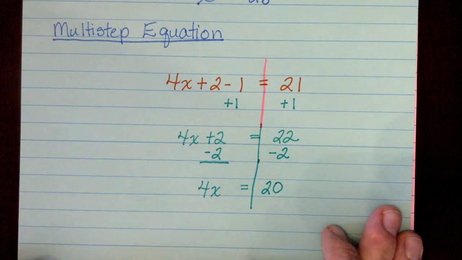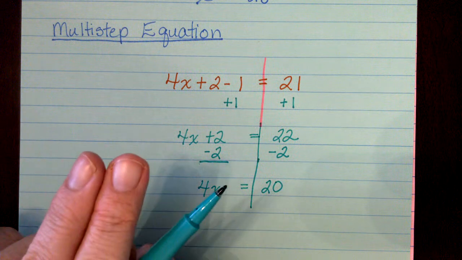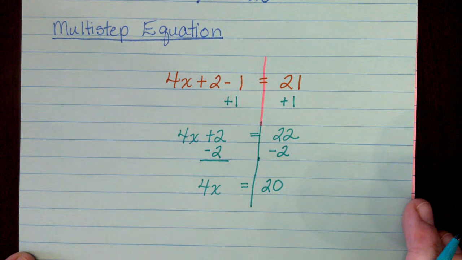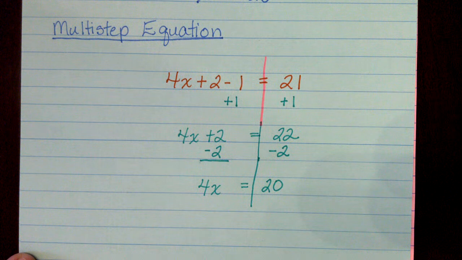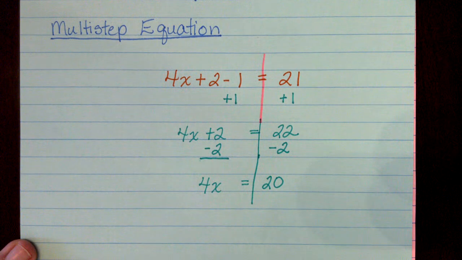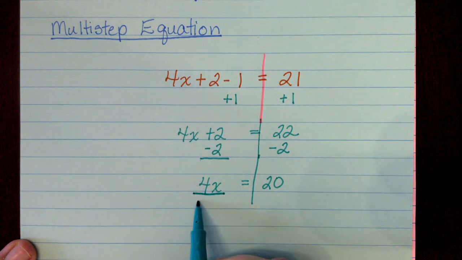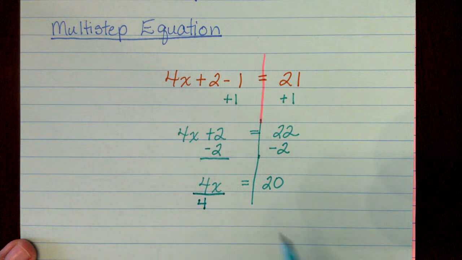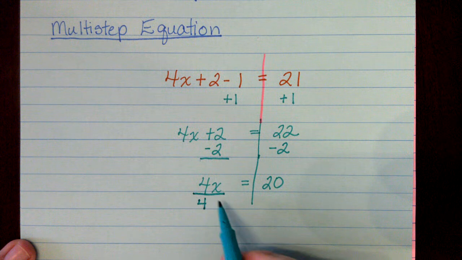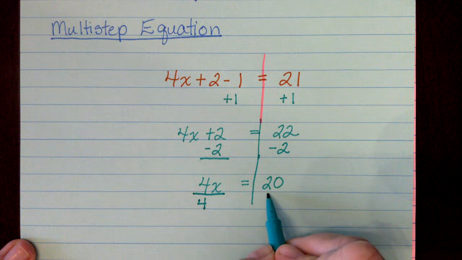Remember that we said when a variable is pushed up against a number like that it means multiplication. And the opposite of multiplication is division. So I'm going to divide to get the x by itself. I'm going to divide by the number, which is 4, because 4 divided by 4 is the same as 1, and we know that 1x is the same as just x.